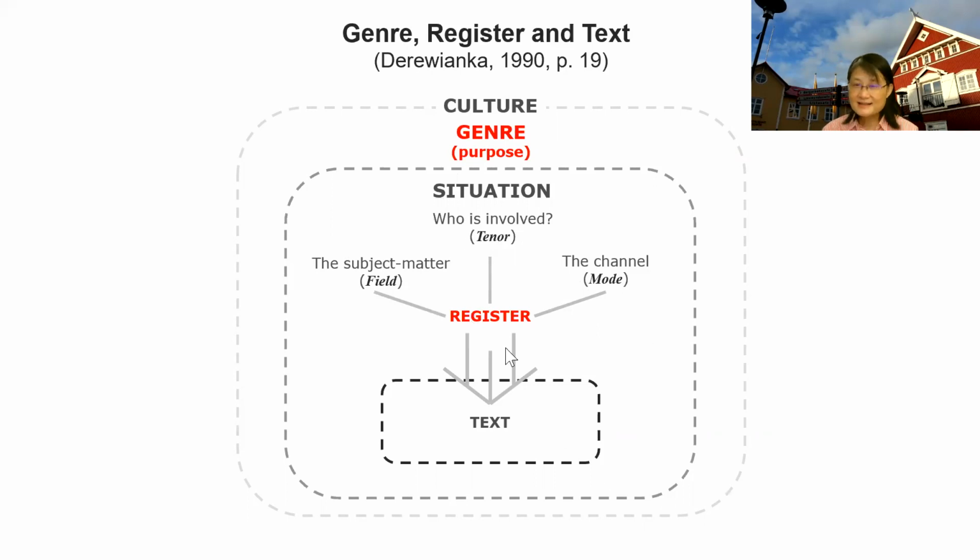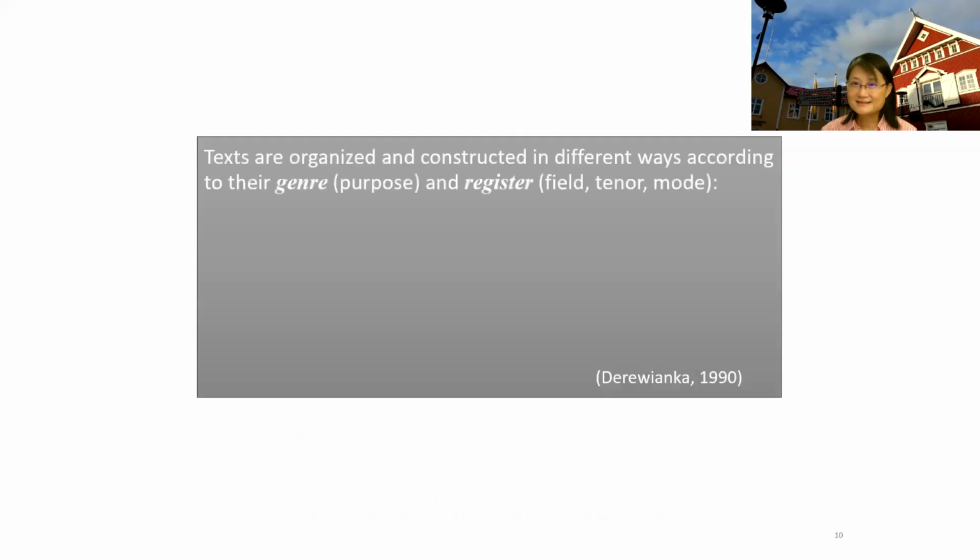And all these form the specific shape of the register, and that will help your students to create a text appropriate to the communicative situation, to communicate content meanings appropriately.